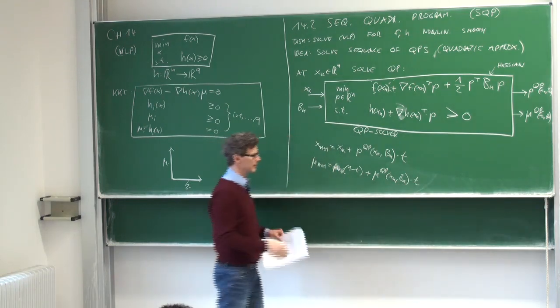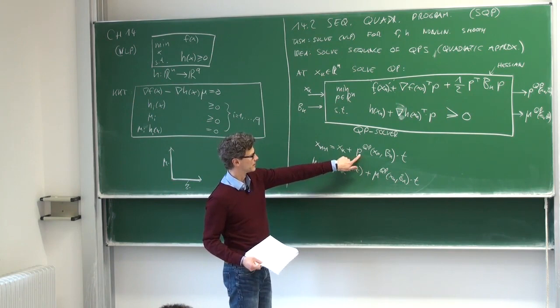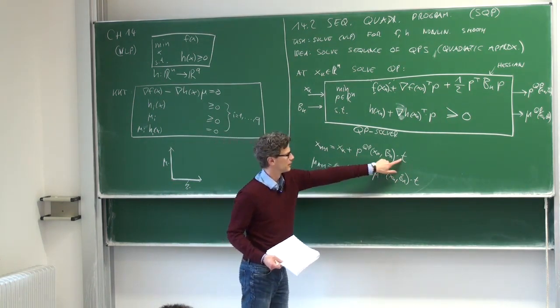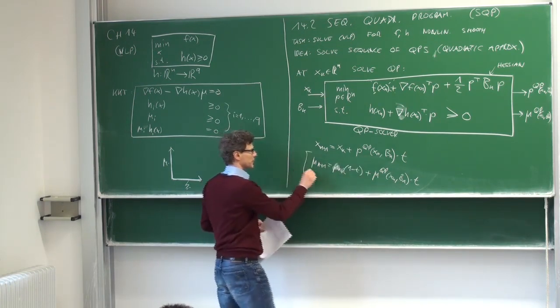So that's a linear combination that's consistent with what we do here. Here we have the step, here we have the new absolute value, and there are different choices on how to update them. This is something a bit optional.